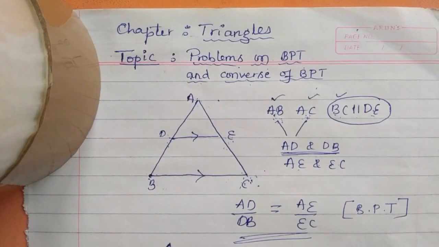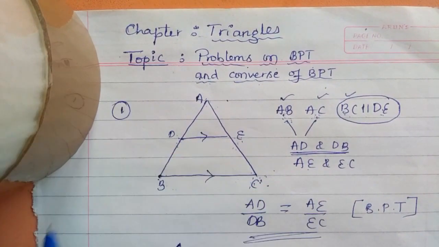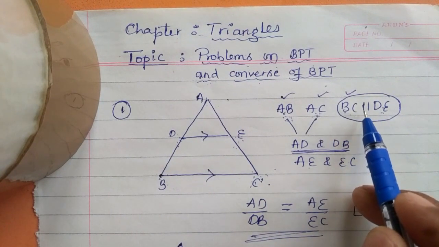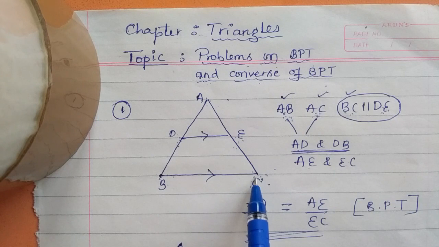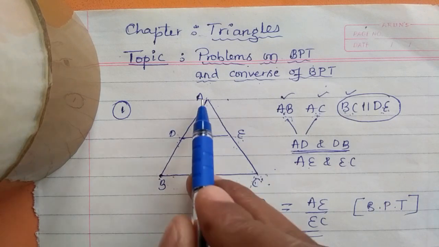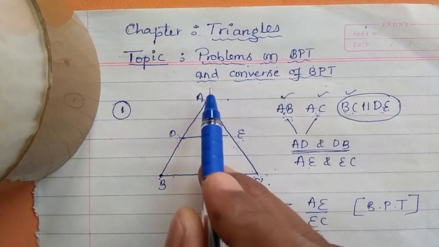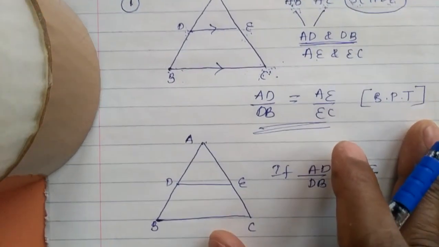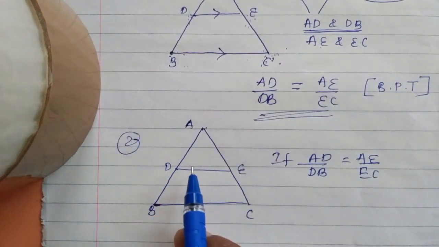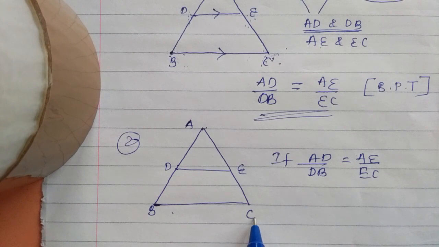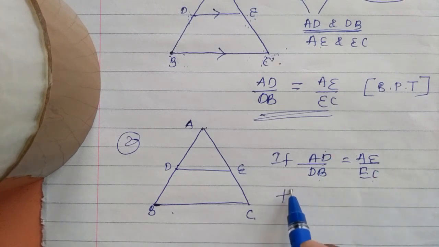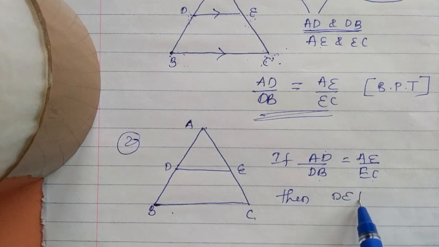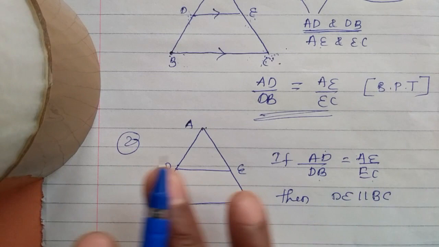In the first triangle, DE parallel to BC is given, so from the BPT we can say AD by DB is equal to AE by EC. But in the second triangle, DE parallel to BC is not given, but AD by DB equal to AE by EC is given. Then DE is parallel to BC. This is called the converse of BPT.